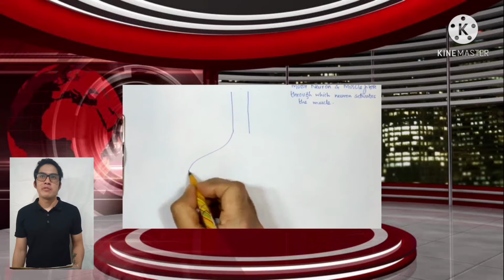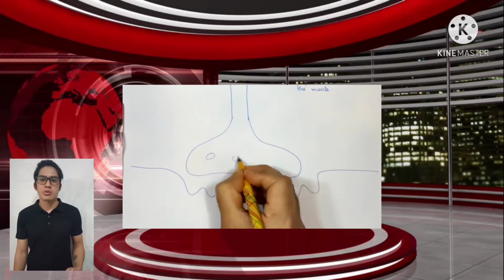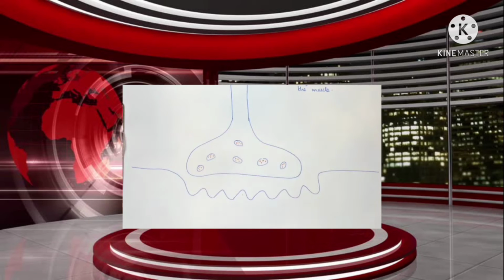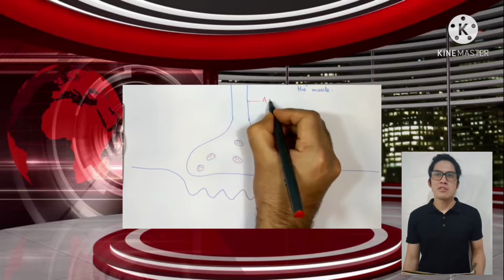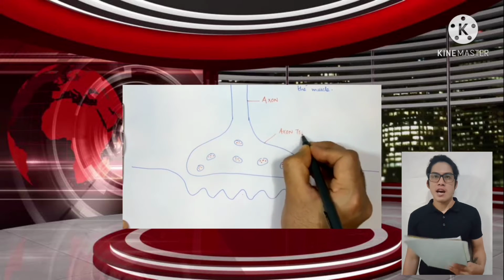First, draw a brief diagram of the neuromuscular junction to understand its structure. So, as you can see, this is the axon of the motor neuron. This is the axon terminal.